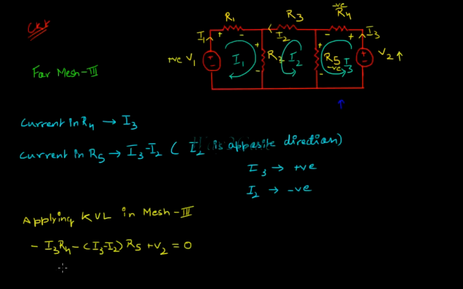Therefore, the KVL equation for mesh 3 comes out in terms of V2, I3 and I2.